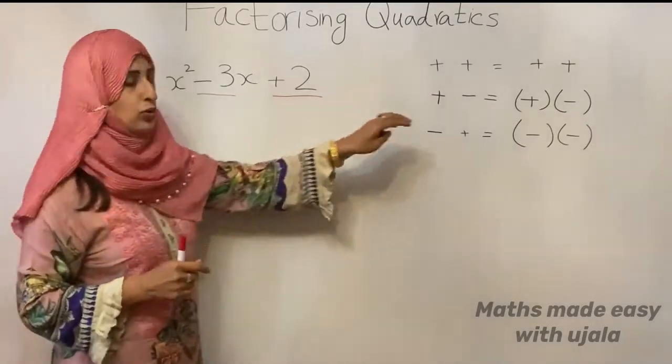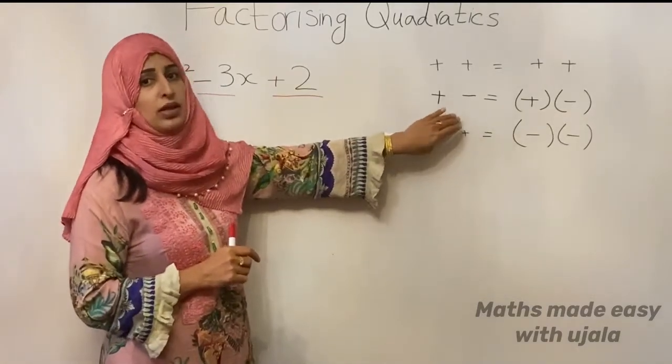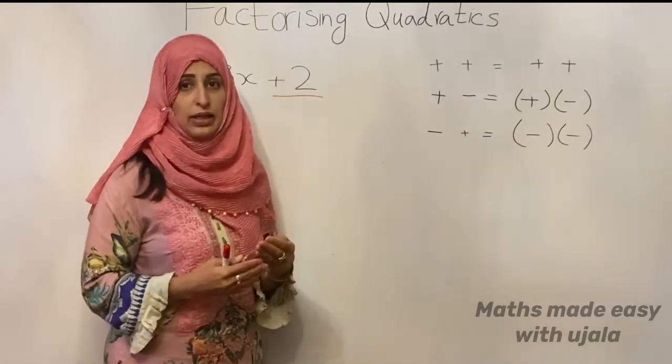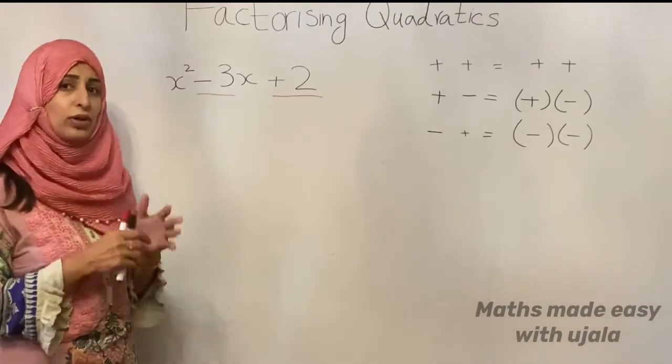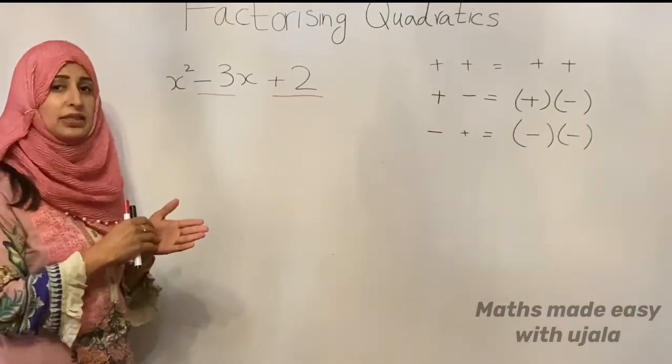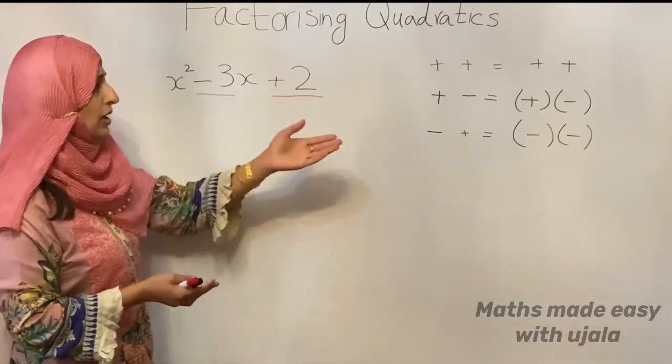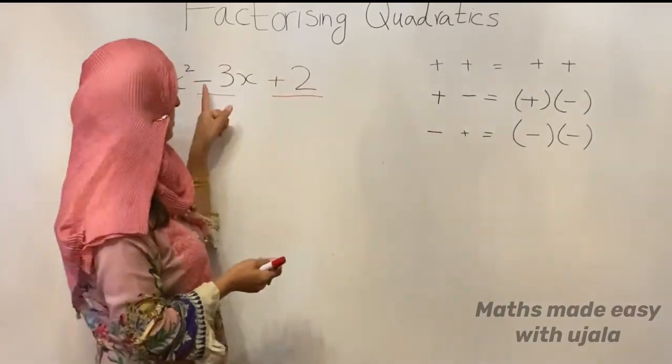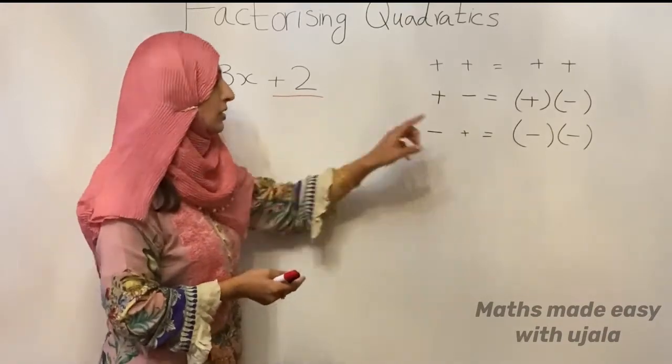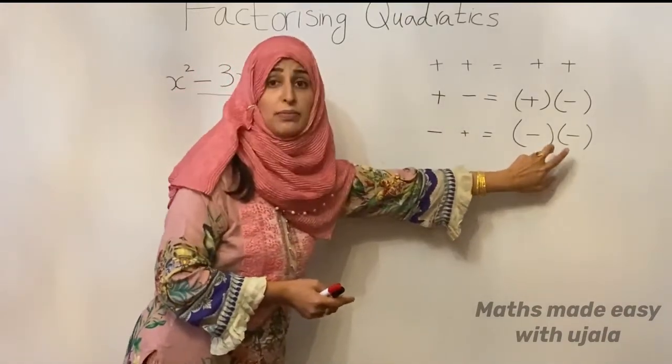I've told you this rule. If you use this rule, then you can check your answer as well. If you got two numbers and you're not sure whether it is a plus sign first or in the second term, just check your answers. If you got minus in the front, plus in the second term, the next two numbers will be the minus signs.